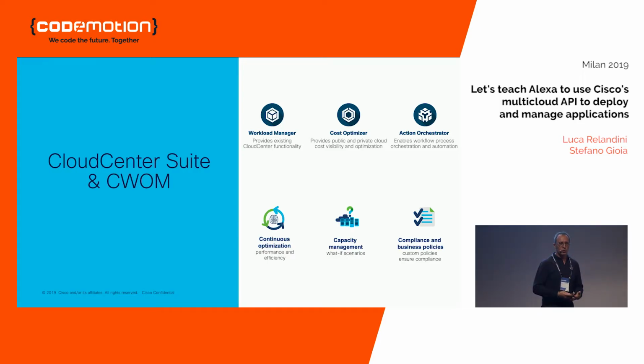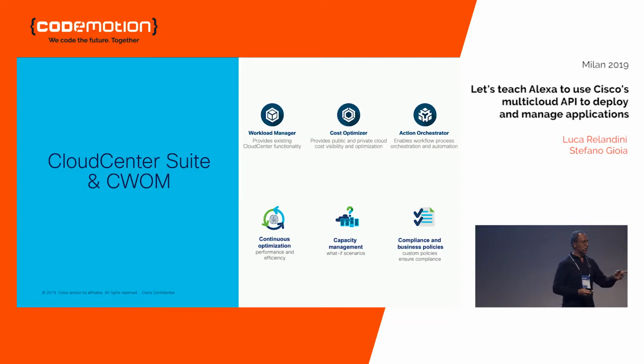We can integrate that with ServiceNow and other ITSM solutions, and of course you can create your own script, your own Python script from the command line, any kind of application, or an Alexa skill that does the same job. So we will have Alexa deploying software in the cloud thanks to the integration with this API.